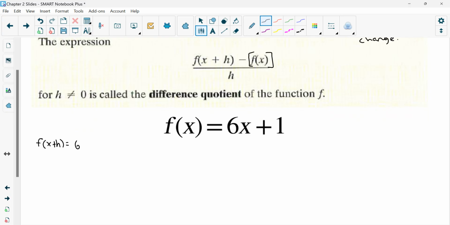So it'll be 6 times x plus h, and then plus 1. So that's what f of x plus h is equal to. So as I go and plug that into my formula, the f of x plus h is equal to this, 6 times x plus h plus 1.